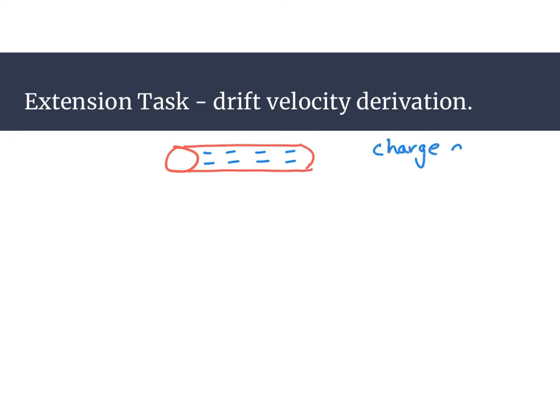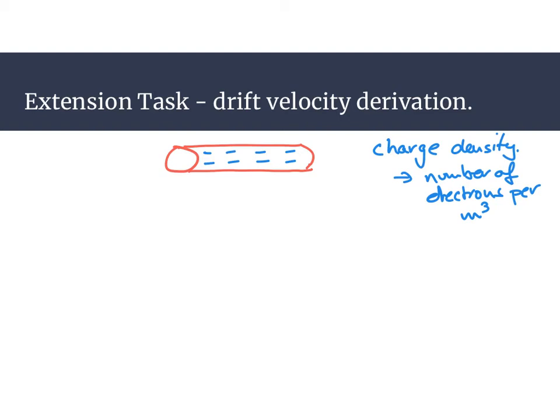Okay, so charge density is the amount of charge or number of electrons per unit volume, so per meter cubed. So I could just write number of electrons per meter cubed. Okay, so different conductors have different charge densities, and using this formula we're about to derive, the charge density of a different conductor is found.